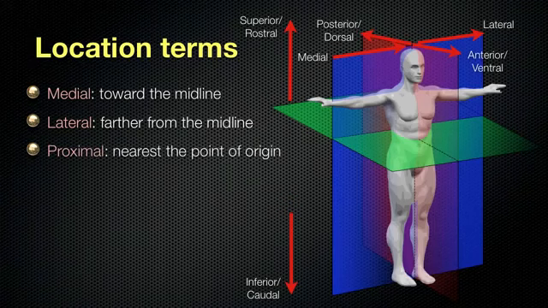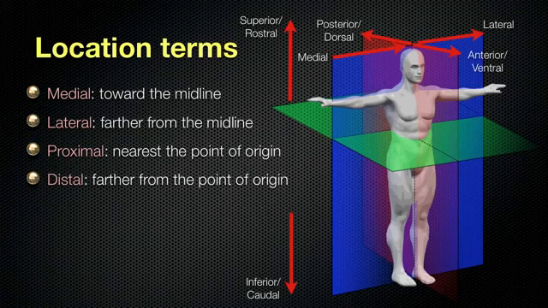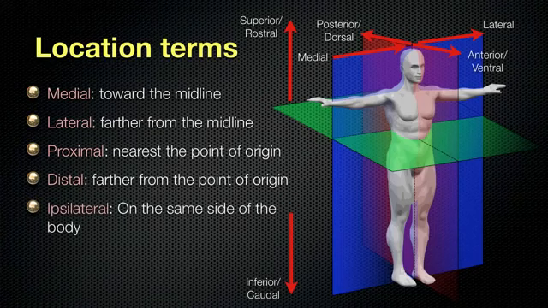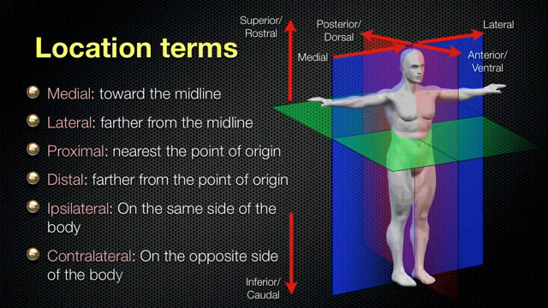Then we have proximal, which is nearest to the point of origin, so it's closer to something. And distal means farther from the point of origin, so it's farther away from whatever that point of origin is. That's not illustrated in the picture over here, but I'm sure you get the point. Then we have ipsilateral, which is on the same side of the body, and the opposite of that would be contralateral, which is on the opposite side of the body.